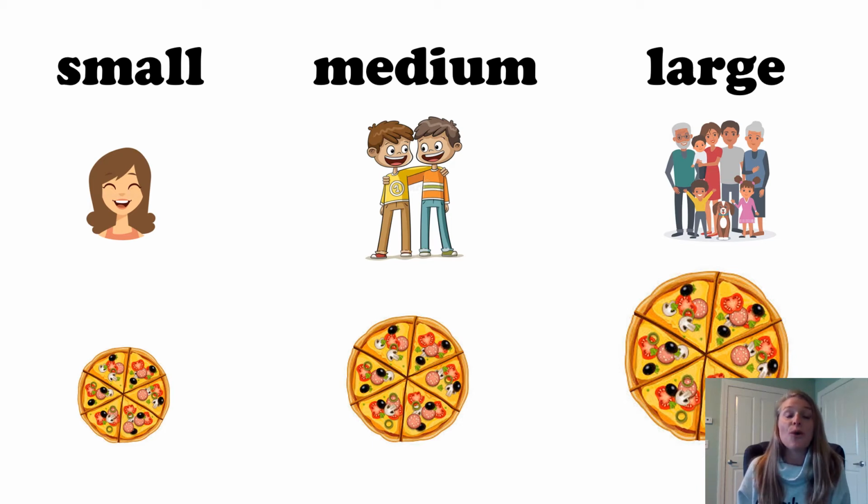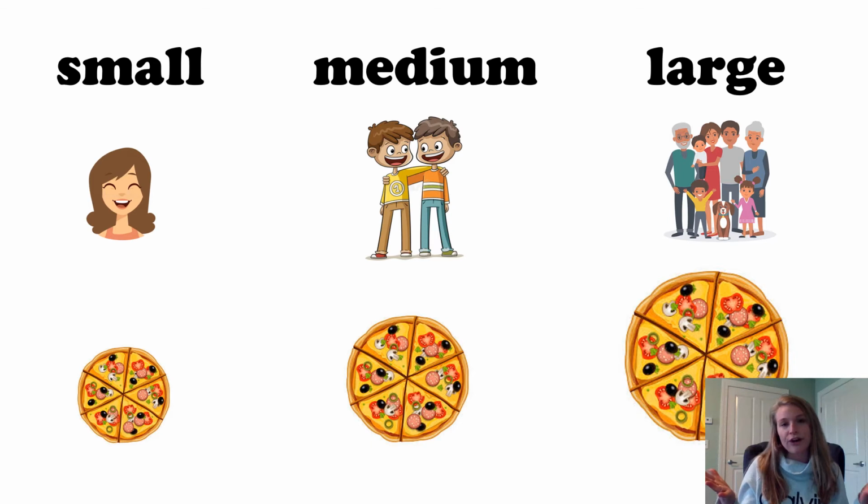I would like to order for me and my friend. So I should order a... Did you say medium pizza? Nice work. Okay, let's try another one. I want to order just for me.